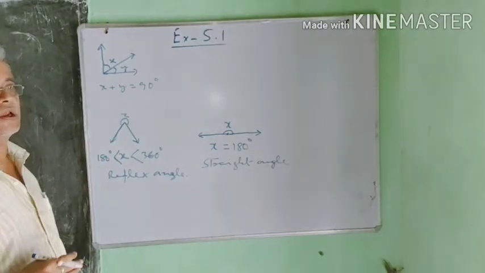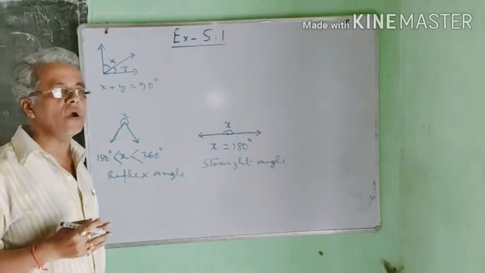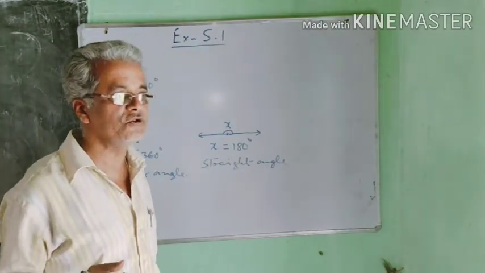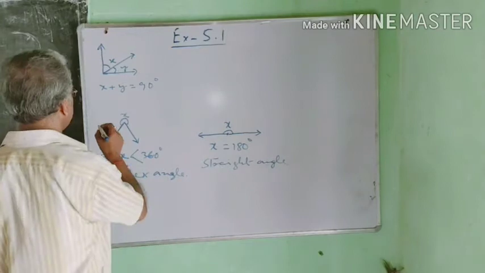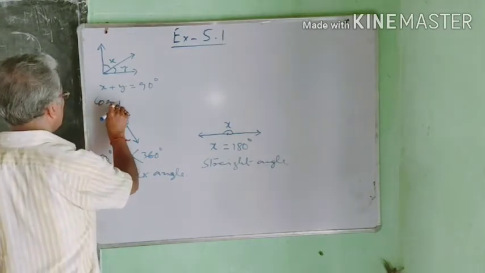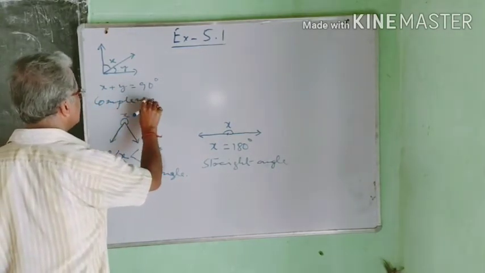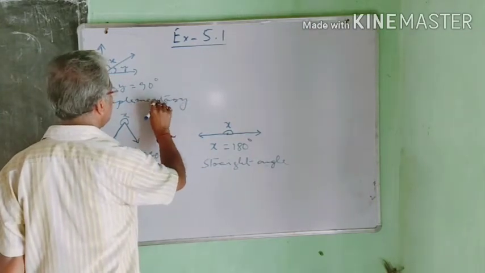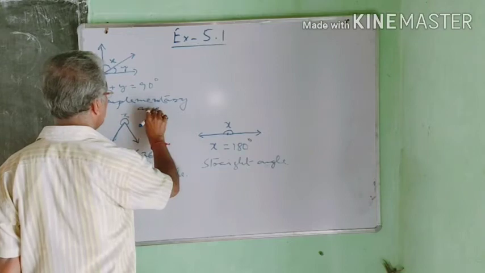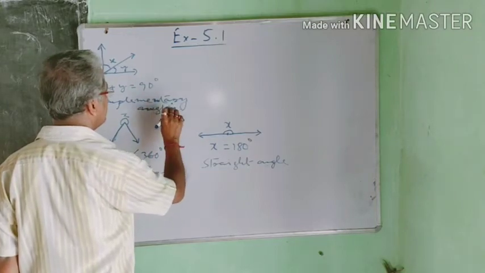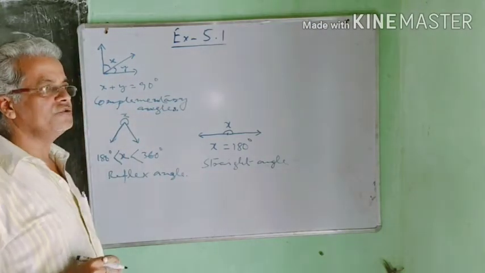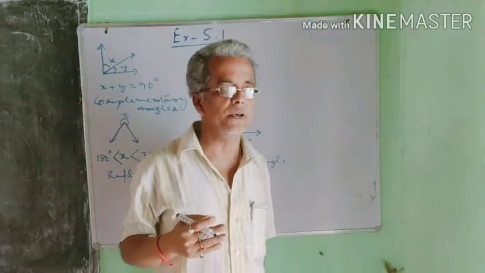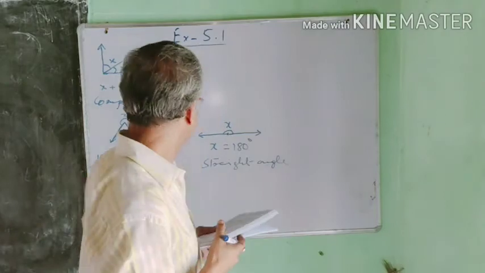If the sum of two angles is equal to 90 degree, then the angles are said to be complementary angles. When the sum of two angles is equal to one right angle, then the angles are said to be complementary angles of each other.